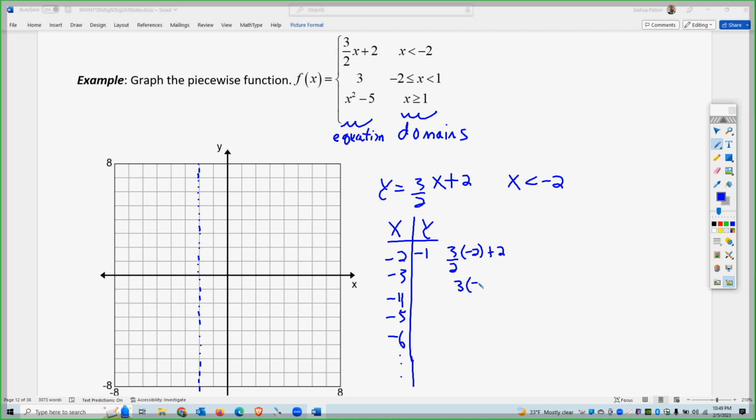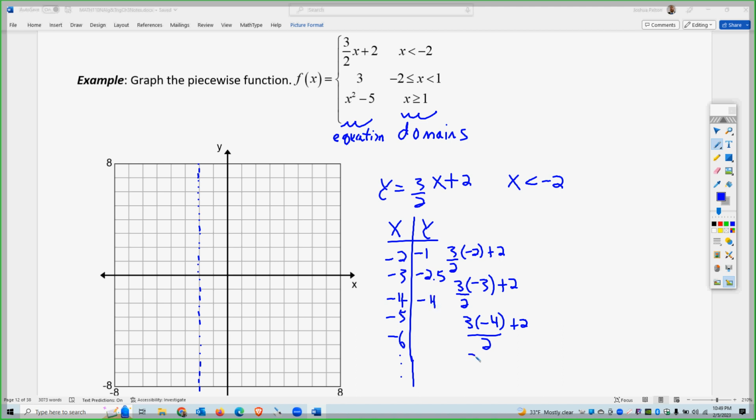So 3 times -3 over 2 plus 2. So that's 9 over 2, which is 4.5. So -4.5 plus 2 is -2.5, right? And then let's see, 3 times -4 over 2 plus 2. So that's 12 divided by 2 is 6. So -6 plus 2 is -4.